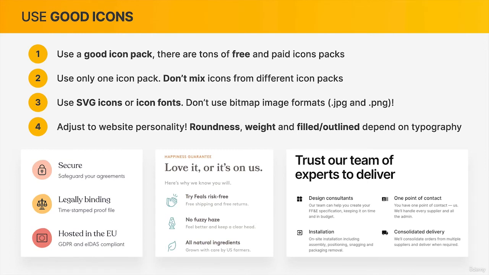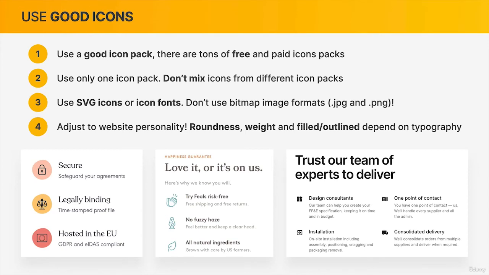Now, on the right side, we have a very squared or boxy typeface. It's not round at all, right? It's completely different than the typeface on the left side. And so the icons are also completely different. They are quite squared and not round at all here. And so they combine perfectly with all the text here.